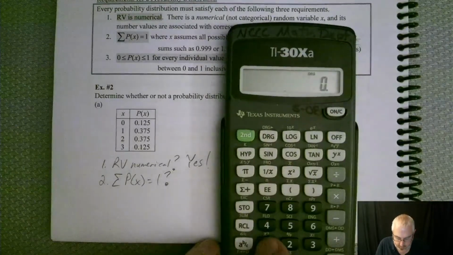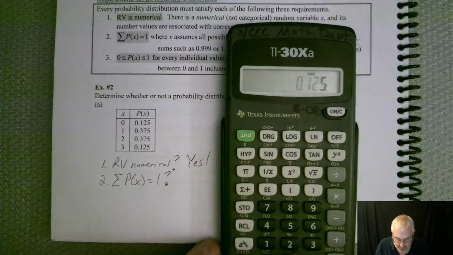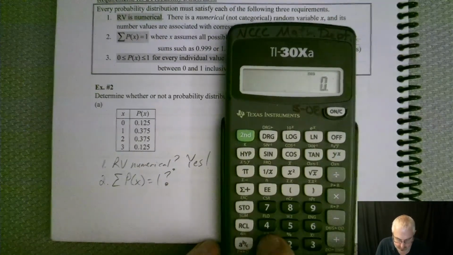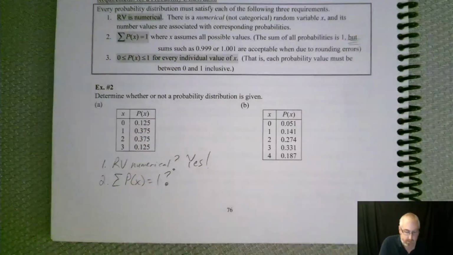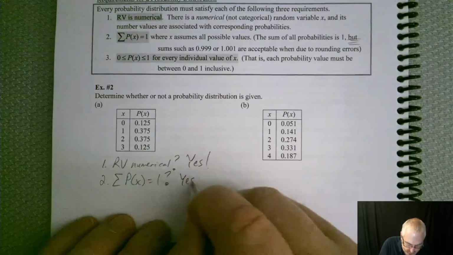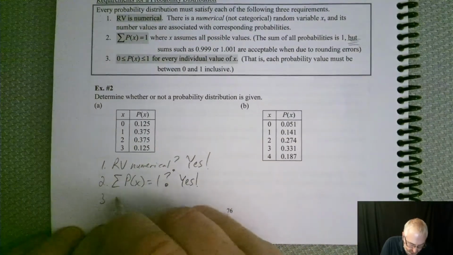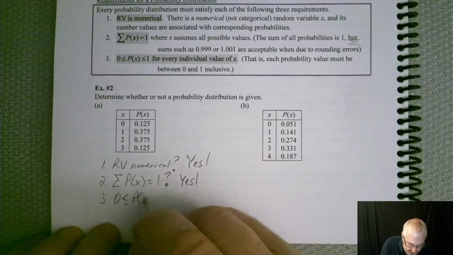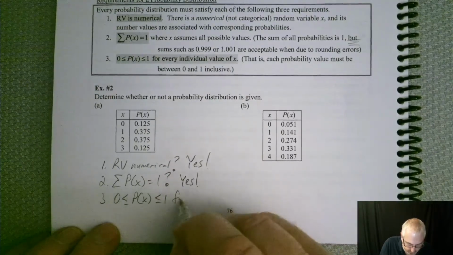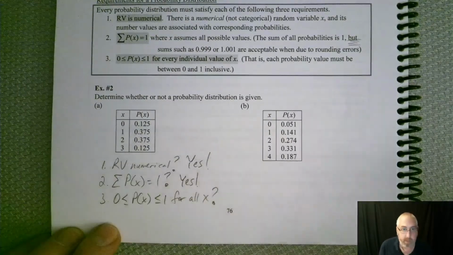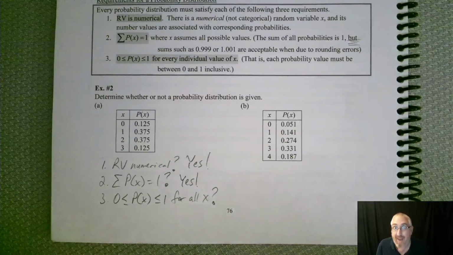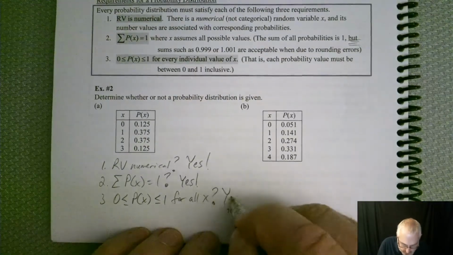We have 0.125 plus 0.375 plus 0.375 plus 0.125 equals, ta-da, we do get 1. So that's another yes. And then the third condition, 0 is less than or equal to p of x is less than or equal to 1 for all x. We can look at that pretty quickly and see that none of them are negative, none of them are bigger than 1, so we're good. That's a yes as well.